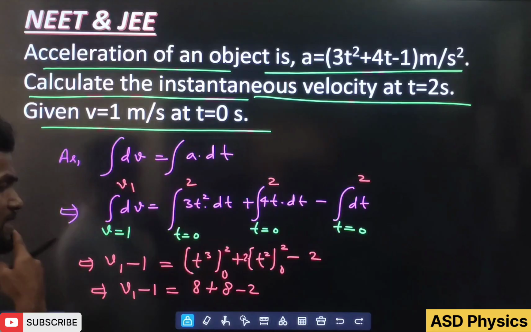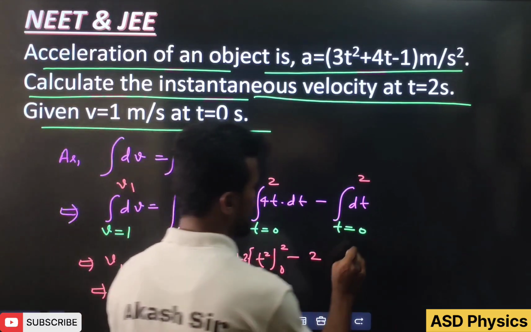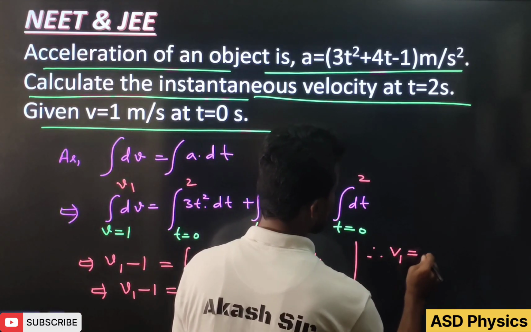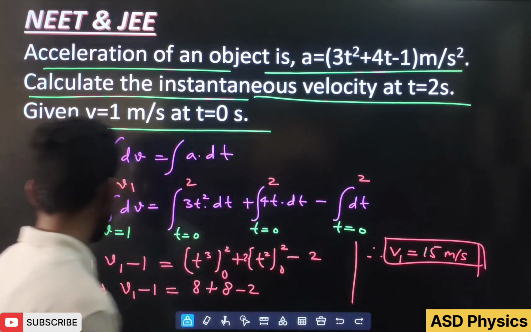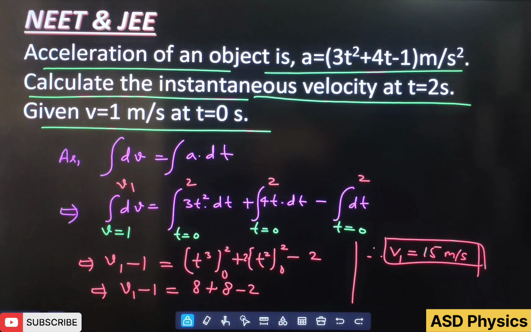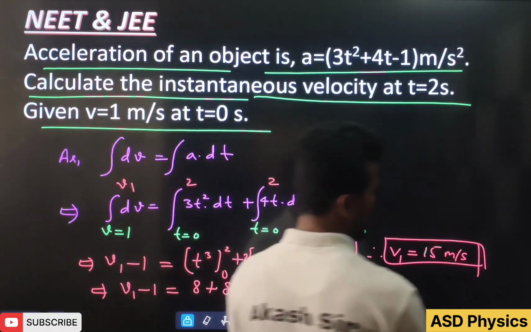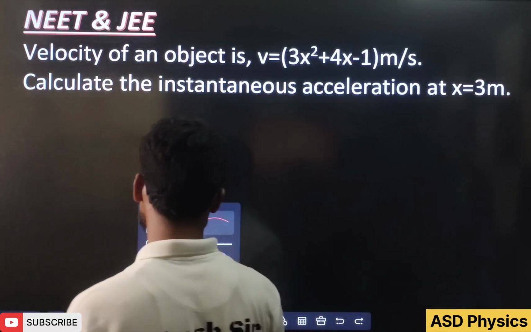So 8 plus 8, 16 minus 2, 14, 14 plus 1, 15. So v1 is 15 meter per second. Nothing else, I only wanted you to understand the basics.